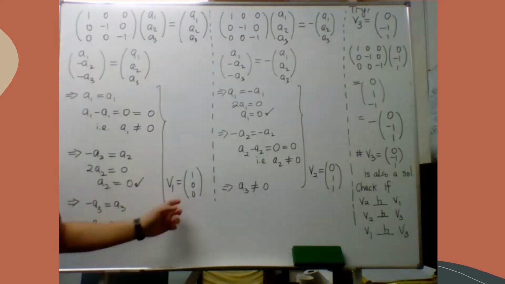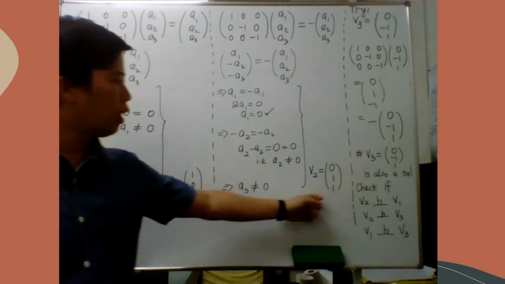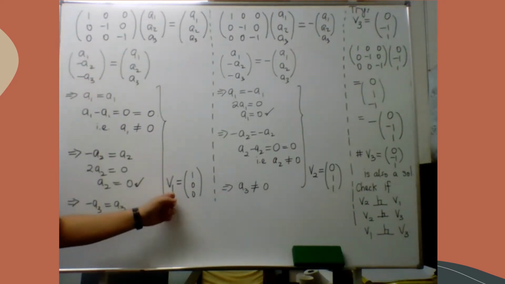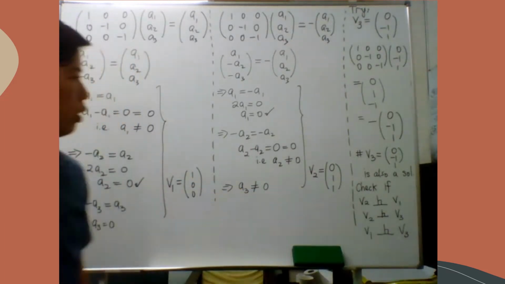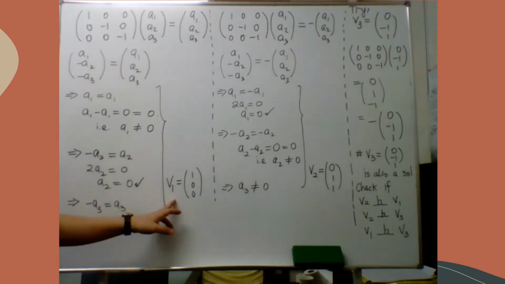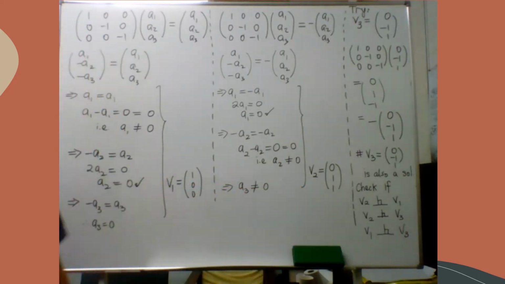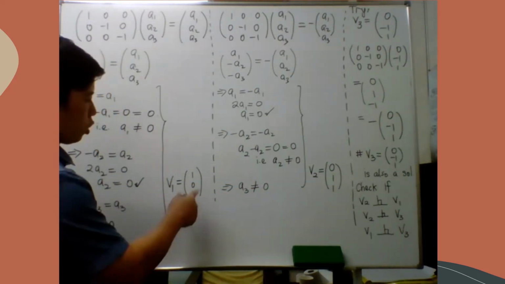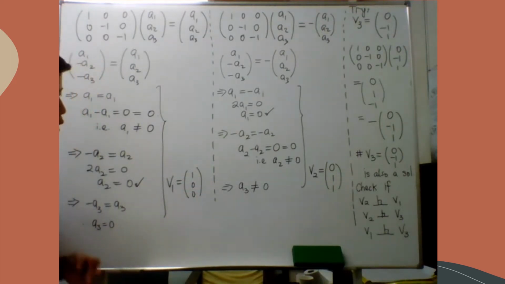So v1, v2 here, you can check that they are orthogonal. So if you take v1 dot v2, you will get 0. So maybe I should also mention here, since v1 is a column matrix, and so is v2, if you want to take a dot product in matrix form, we just have to change either one of them into a row matrix.